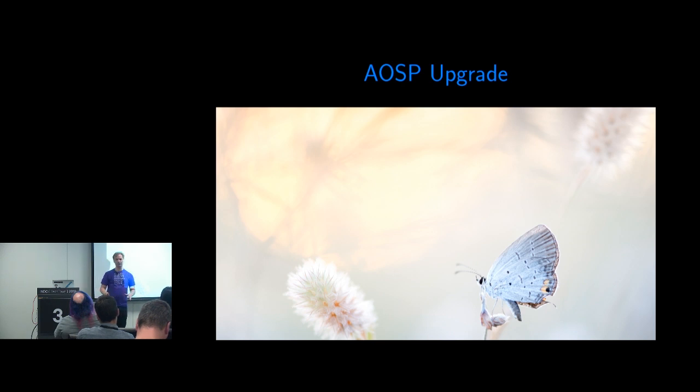What's very important to understand about AOSP is that it is open source, but it's not open development. That means there are key parts of the AOSP that are developed behind closed doors at Google. And every now and then, Google thinks that, okay, it's time for a new Android release.